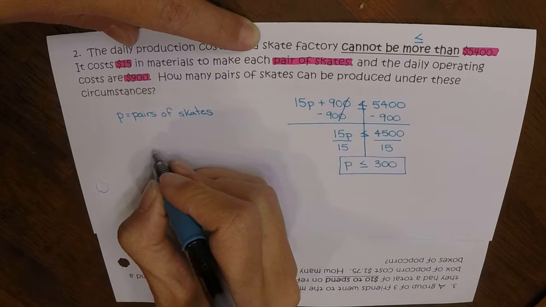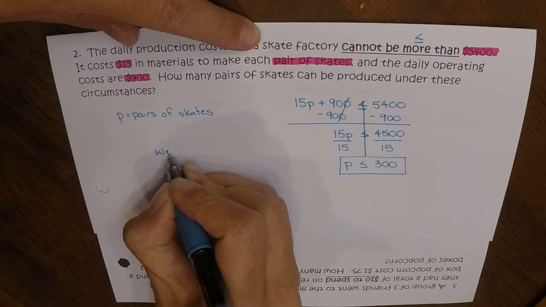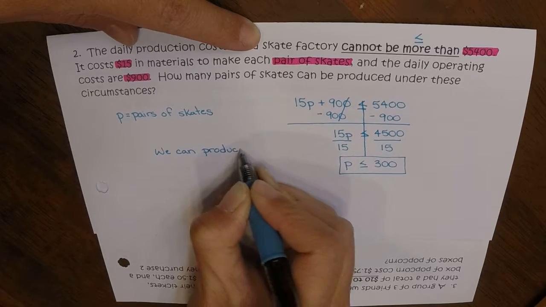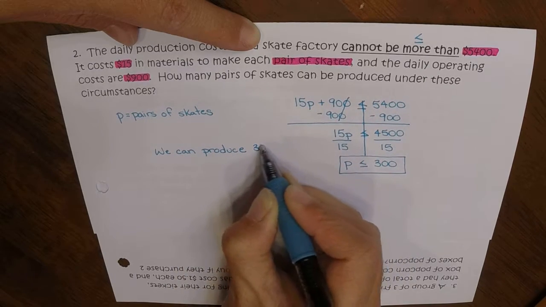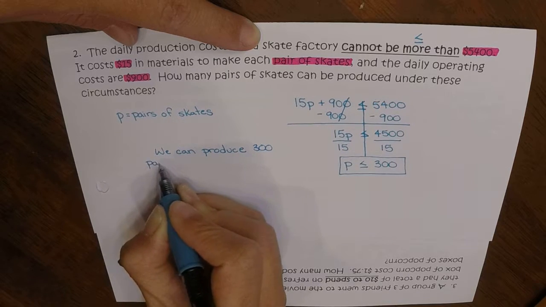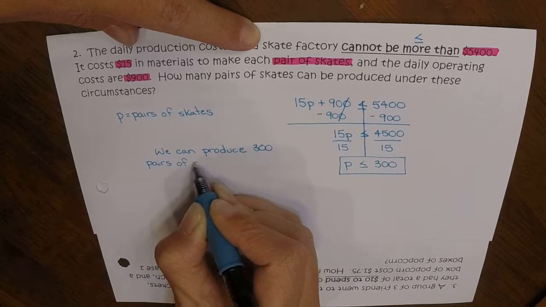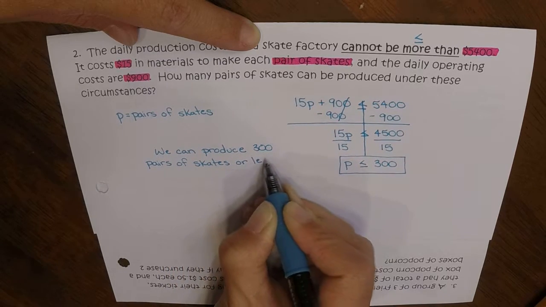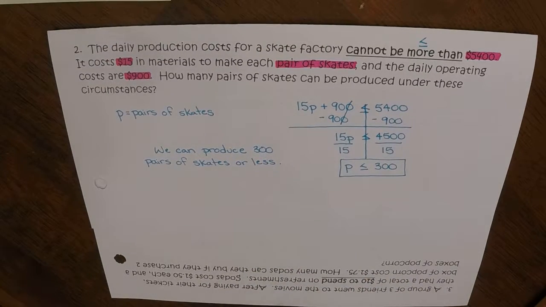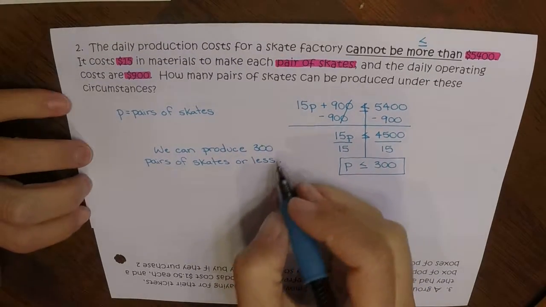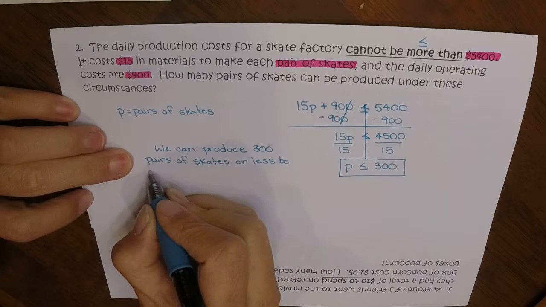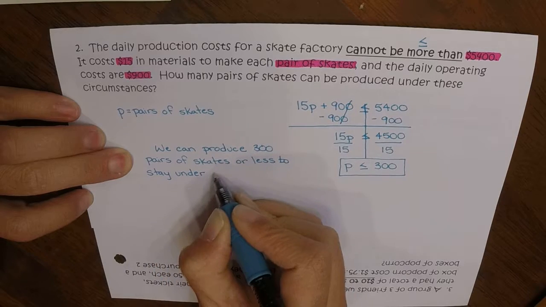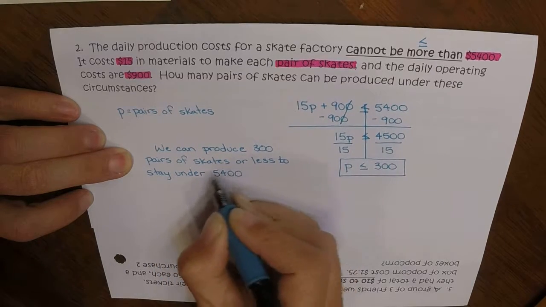So we would say we can produce 300 pairs of skates or less. So 300 or less. And then we could put to stay under $5,400.